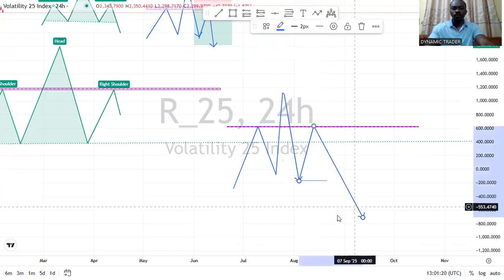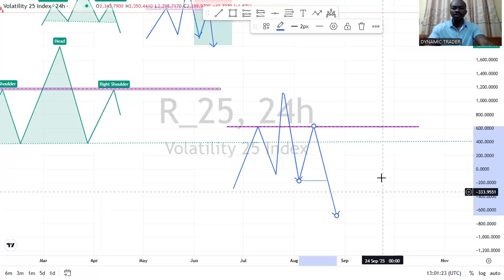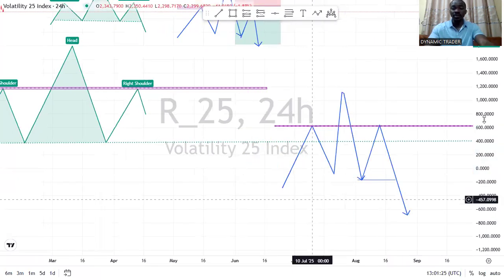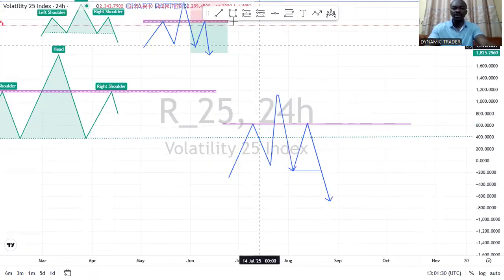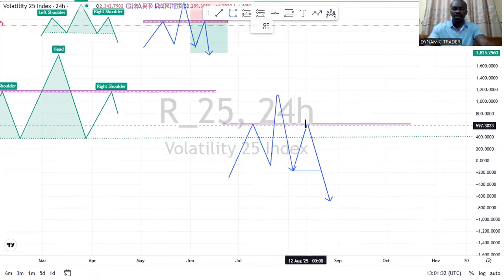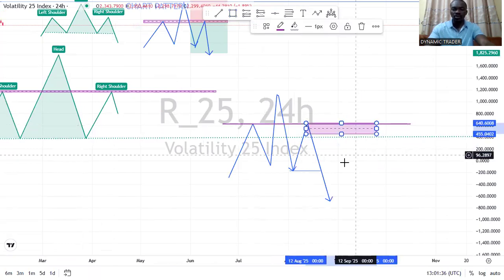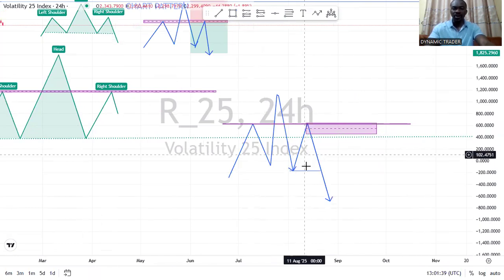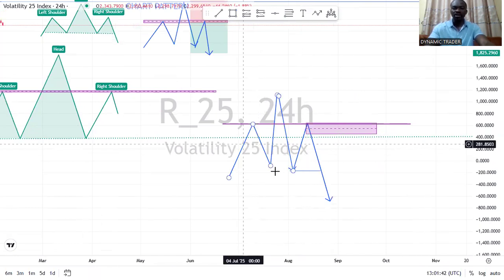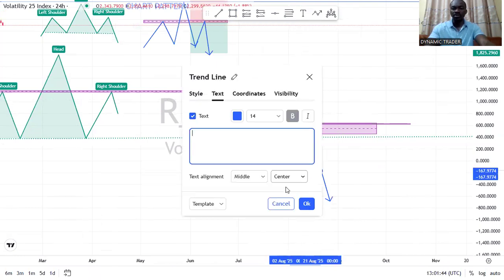Then my approach to this trade is very simple, which is I would want to enter from the last bullish candle that caused the change of character in this part, because the market changed character, or you can call it a break of market structure, BMS, at the same time.